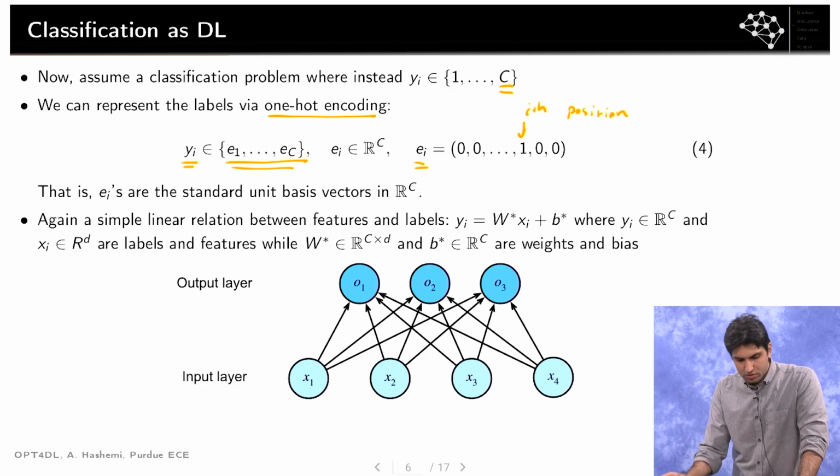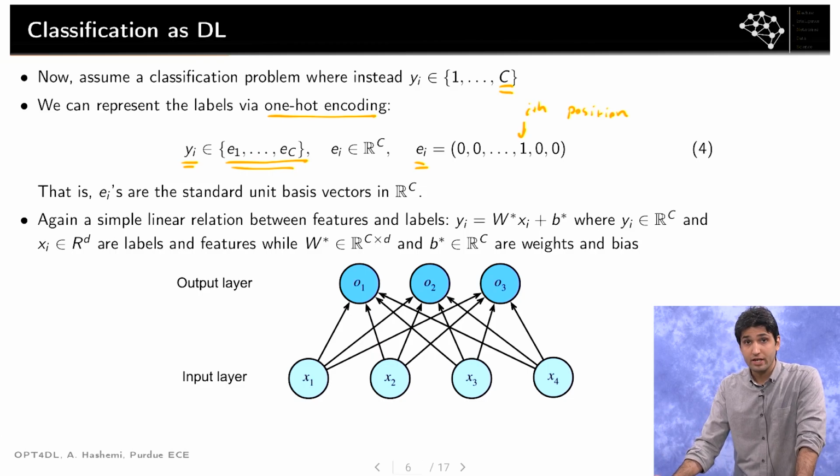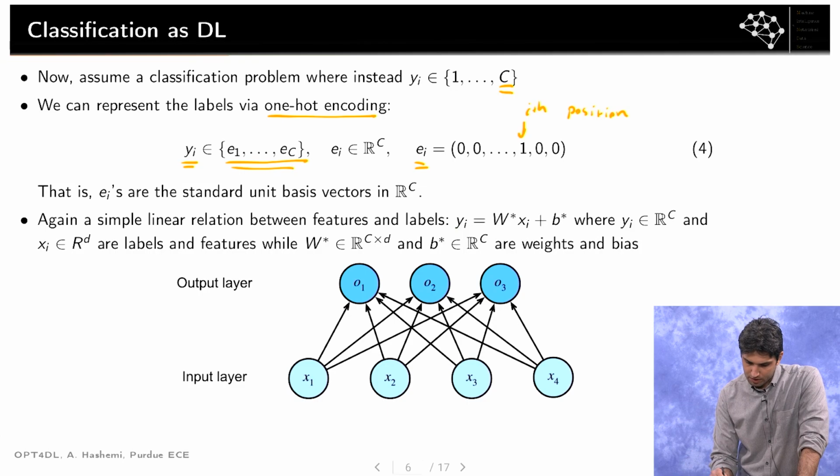Now, after this encoding, we want to find a model to classify the data. Again, we're going to go back to the most simple model one could imagine, and that's a linear model. We're going to assume that the relationship between the labels and the features follows a linear model again. Note that previously, in the case of regression, w was a vector.